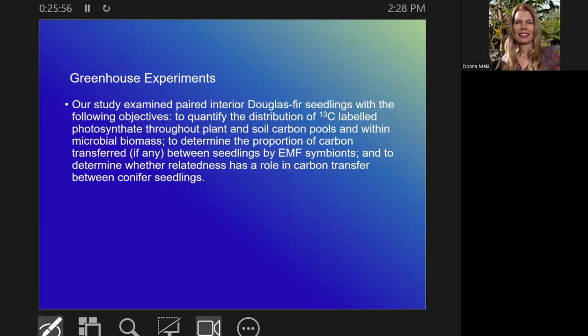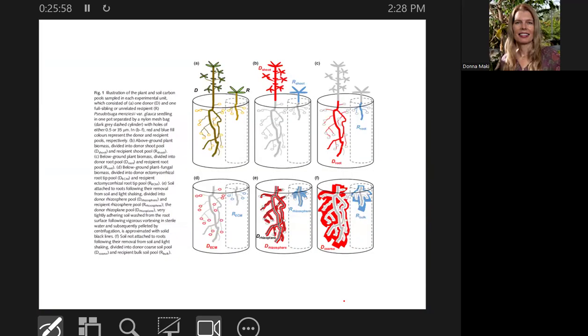Okay, so let's look at what they were doing here. This is a mock-up of how they set up the experiment. The D is donor, that's the older tree, and the R is recipient, that's the younger tree. Then you can see there's this mesh by the dotted lines.